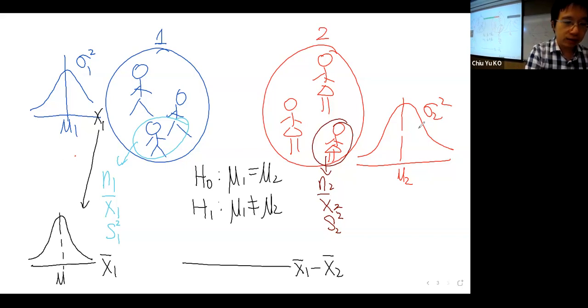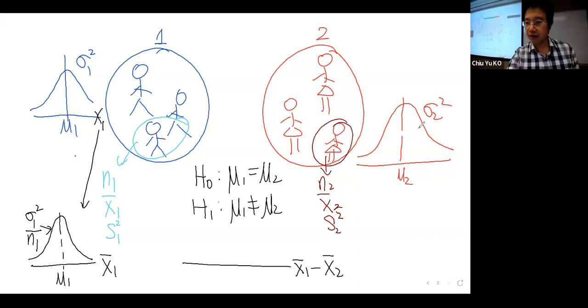It's still mu1, but now the shape is sigma 1 square over n1, right? Because this is the underlying people. You grab the sample mean, and the shape is narrowed down, because the more you get, the more squeeze you have. The variance goes down.